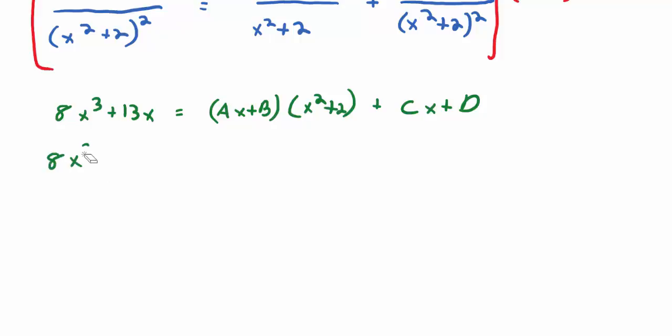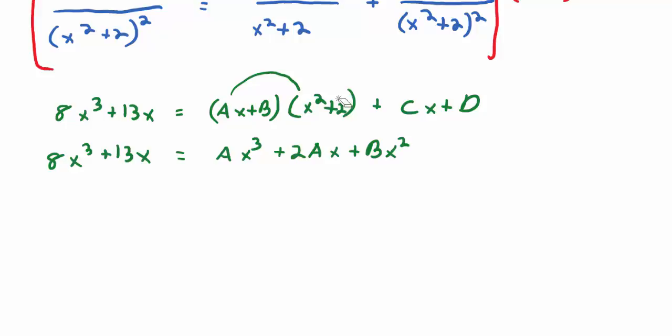All right. 8x cubed plus 13x. Okay, FOIL it for me. What do you get? ax cubed, first, outer, inner, last. So outer gives you plus 2ax, inner gives you plus bx squared, and the last gives you plus 2b, plus cx plus d.